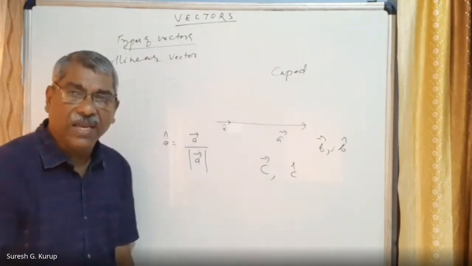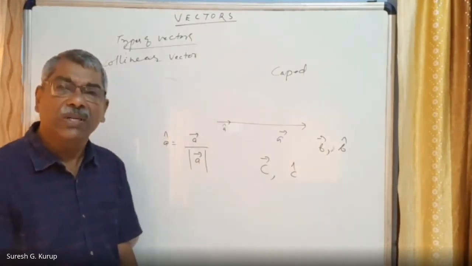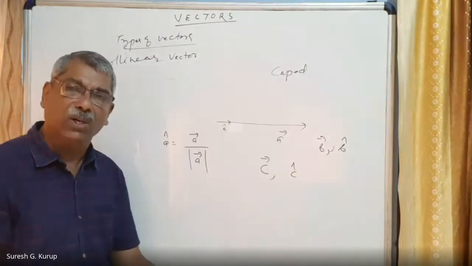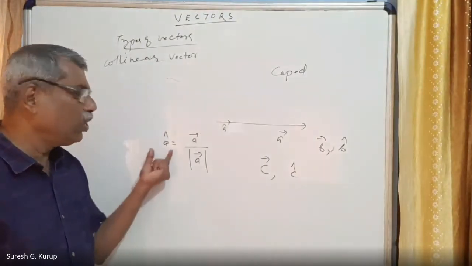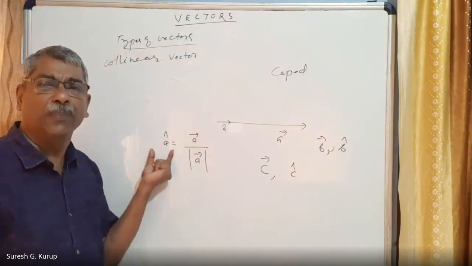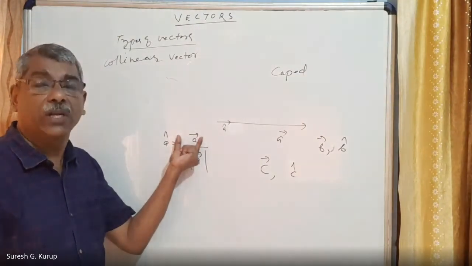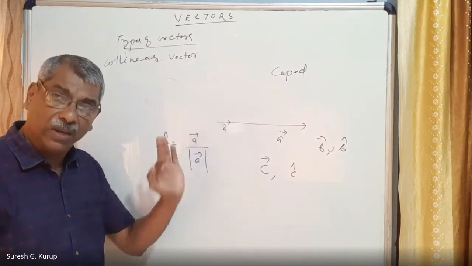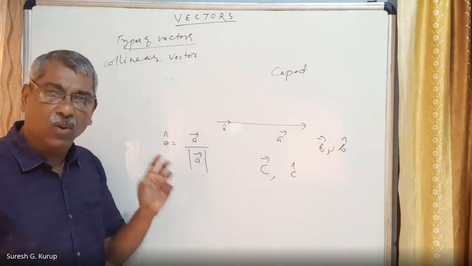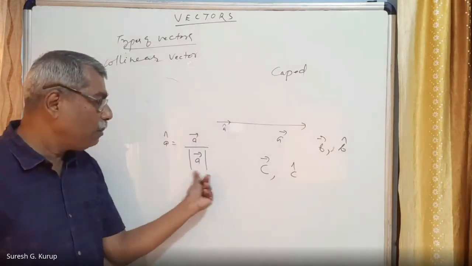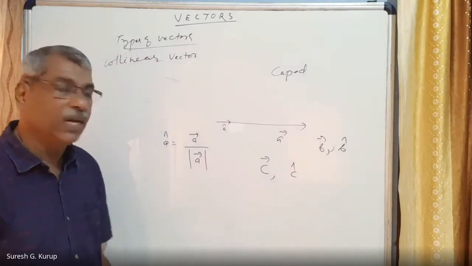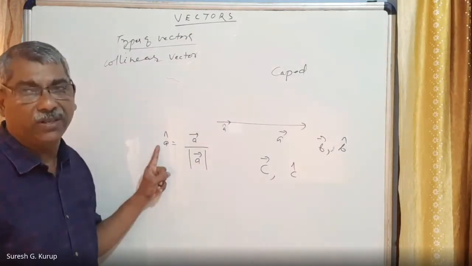A vector having magnitude unity but the direction of the parent vector is called a unit vector. This is a very important formula. Unit vector A is equal to the whole vector, meaning total magnitude and direction, divided by the magnitude of the whole vector, right?